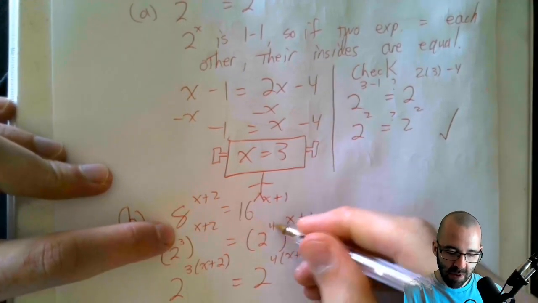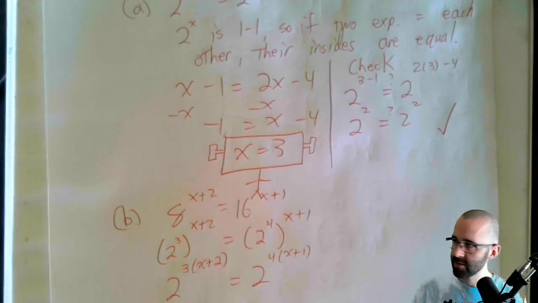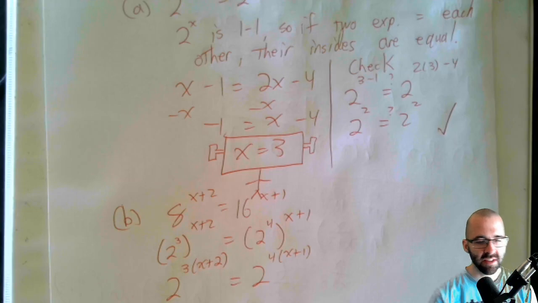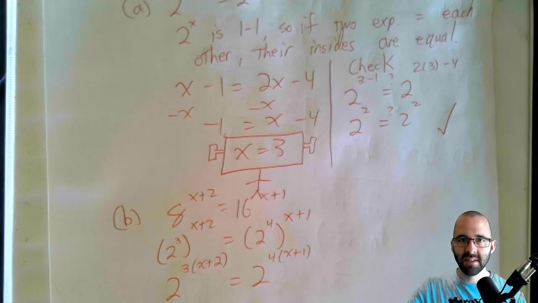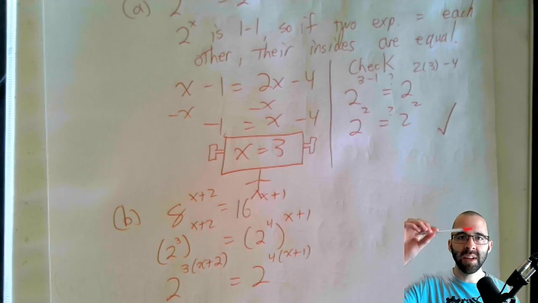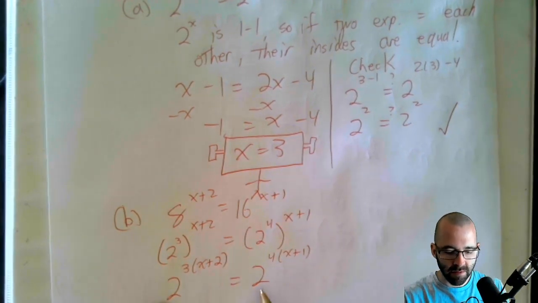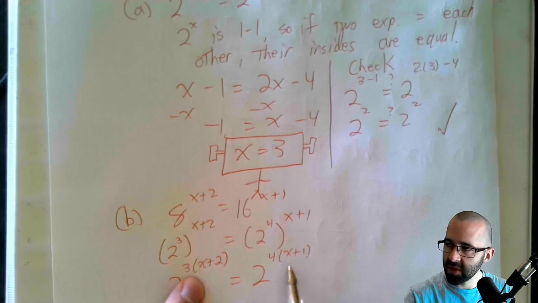Remember, exponent with an exponent outside means multiply those exponents. And now, 2 to the x is a 1-to-1 function, right? 2 to the x is an exponential function. It looks like this. 1-to-1 means it passes the horizontal line test, which means that if these two things are equal, their insides must be equal.